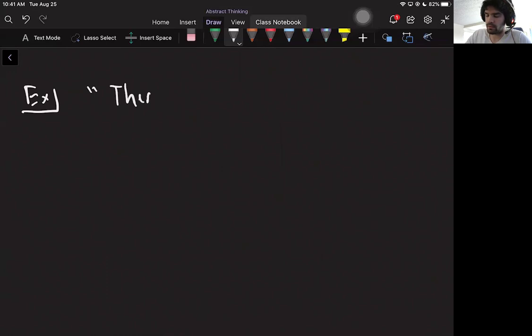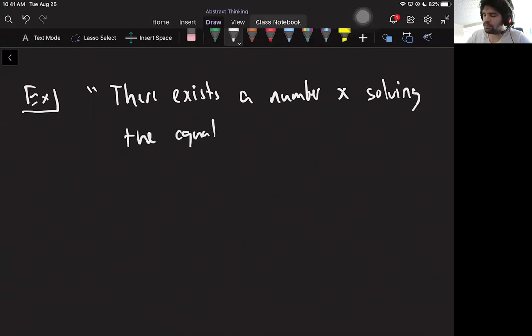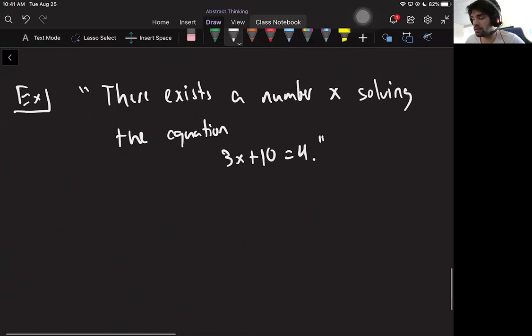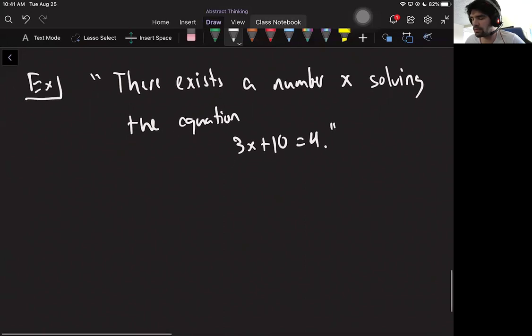There exists a number x solving the equation 3x plus 10 equals 4. Okay, so this is a statement because either there does exist such a number and it's true, or there doesn't exist such a number and it's false. It's one or the other.